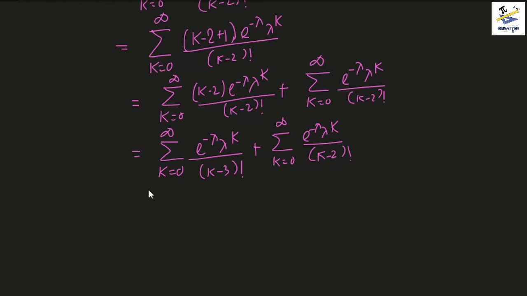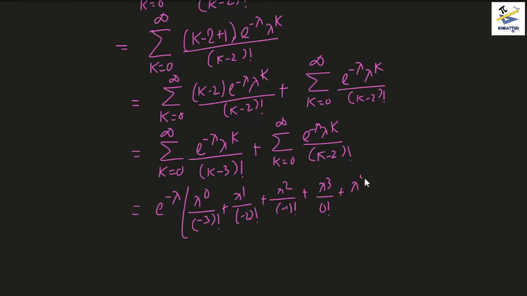Now this is a form which we are actually familiar with, but as before, I'm trying to explain this to you in the most elaborate way. So I'll just write the series down in a more expanded fashion. So this basically means e to the power minus lambda is common for the first one, and we have lambda to the power 0 by minus 3 factorial plus lambda to the power 1 by minus 2 factorial plus lambda to the power 2 by minus 1 factorial plus lambda cube upon 0 factorial plus lambda to the power 4 upon 1 factorial, and so on, right?